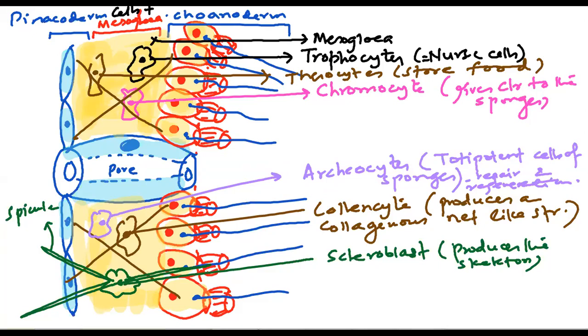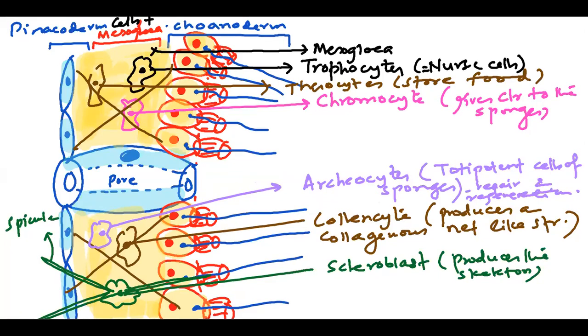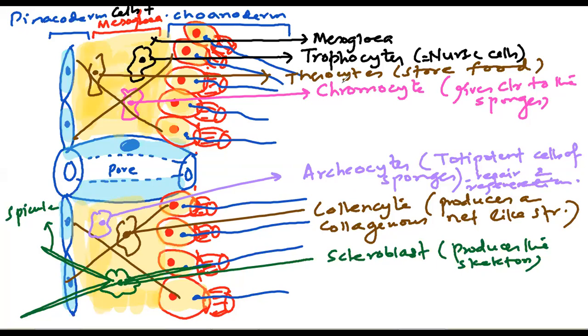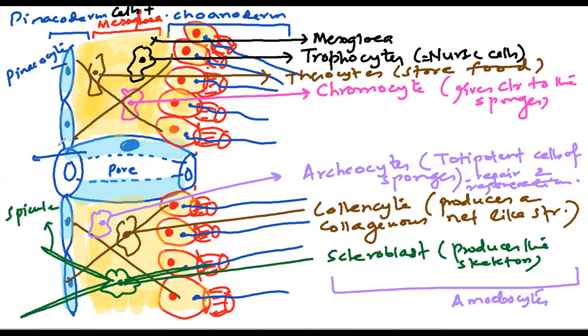This pore is called your porocyte. So these all labeling we have done, that is of the amoebocytes. All of them are amoebocytes. But this blue cell on the outer one, so this is called pinacocyte. And the porocyte is a specialized pinacocyte.